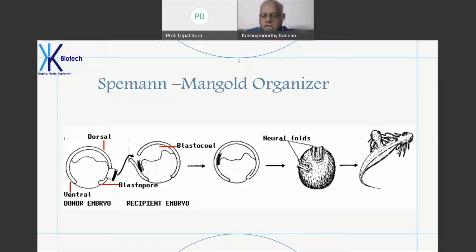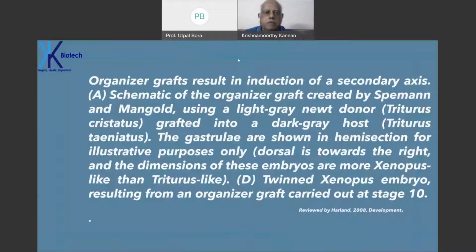Mangold unfortunately died very early after the experiment, but Spemann developed it further and got a Nobel Prize for this work, and all development studies are based on that. So the organizer graft results in induction of a secondary axis. Now, what I am trying to say is that when you are studying a cell, it becomes very important to know that the cell per se doesn't have the capacity to become anything.